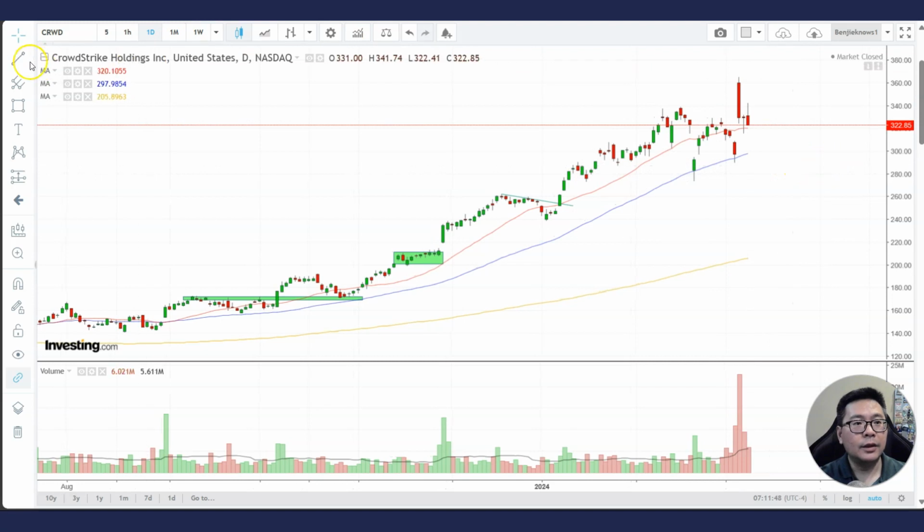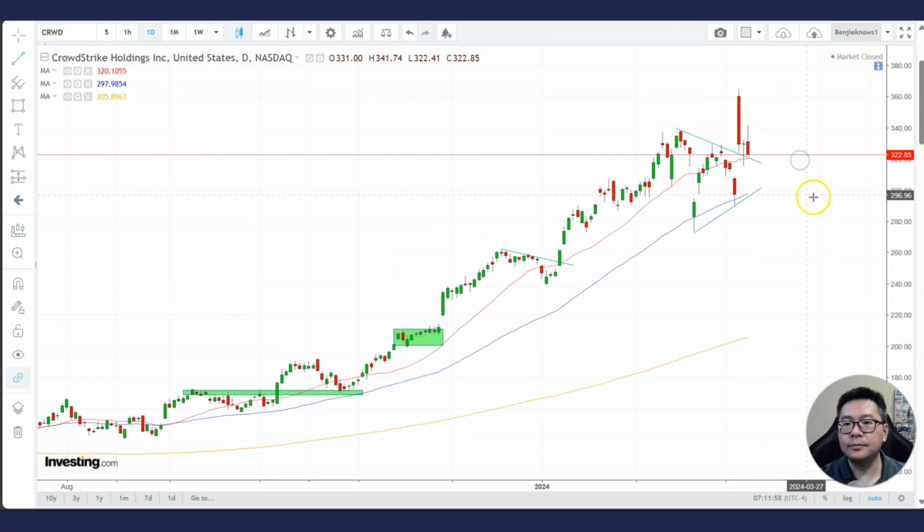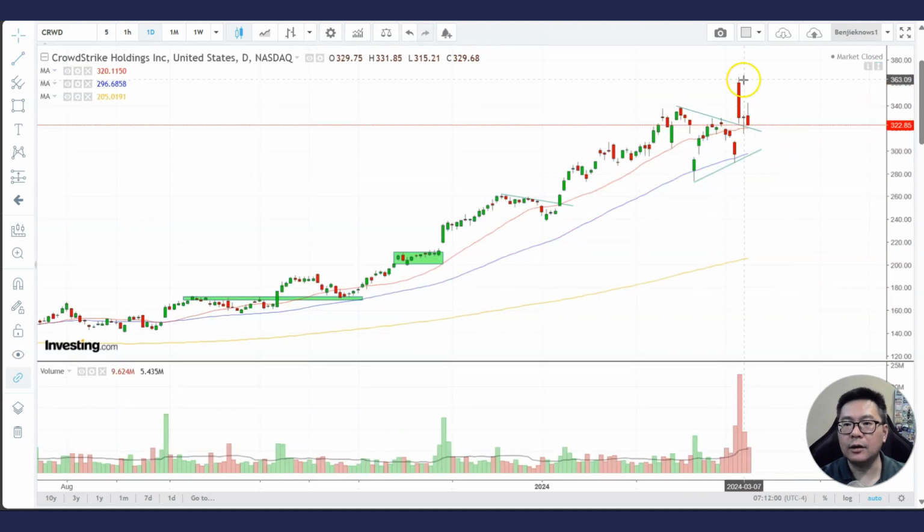Okay. What we can do here is I think you can draw a somewhat triangle pattern. Here the stock just broke out of a triangle pattern. You connect the highs and the lows to have some kind of a pattern.